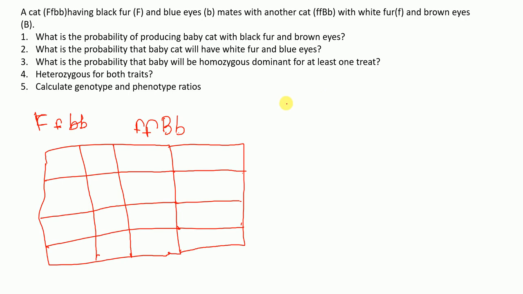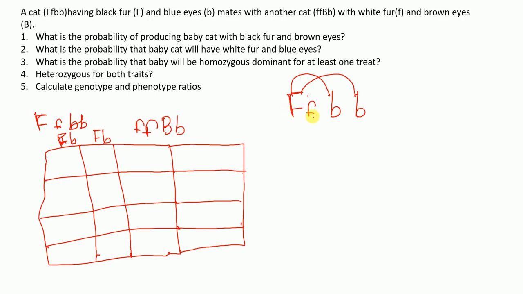Okay, so the first cat is capital F, small f, and small b, small b. First, this first f will pair with this, and this f will pair with this. So which means capital F, small b, and capital F, small b.